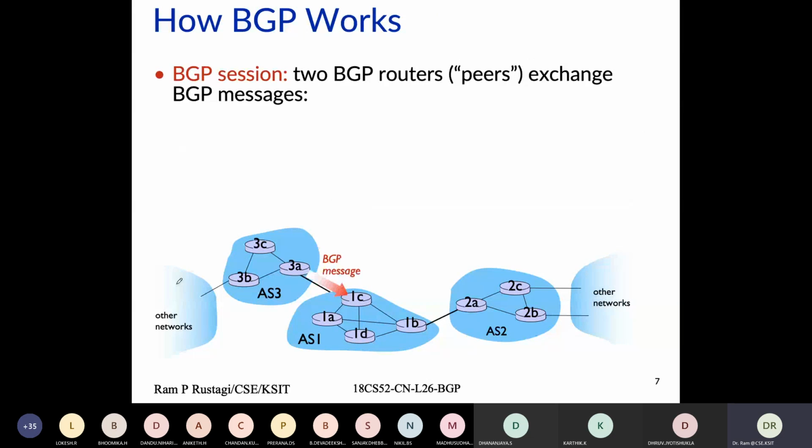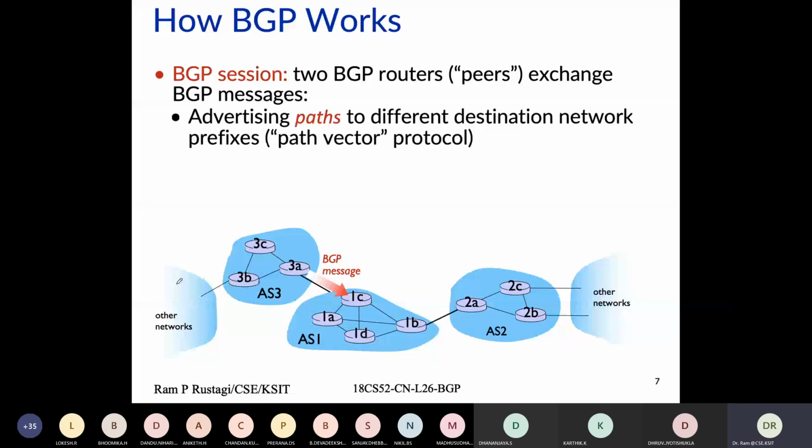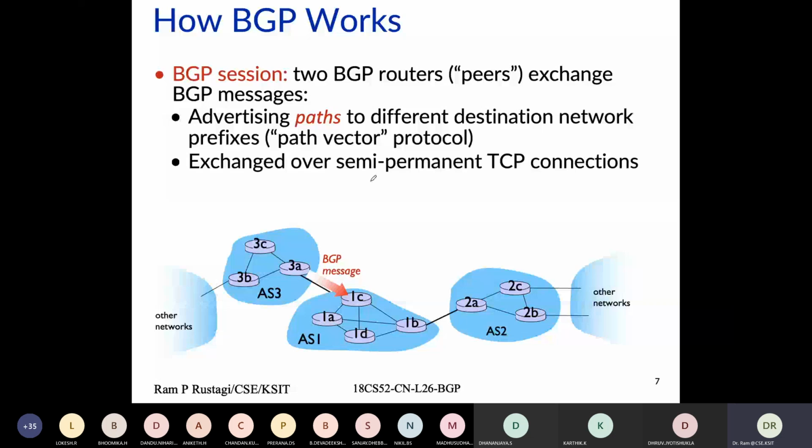So typically BGP messages are of two kinds. They call eBGP and iBGP, which will come in a short while. So BGP basically sends BGP messages over what is called a semi-permanent TCP connection. Semi-permanent TCP connection means that once 3A and 1C establish a TCP connection, it remains forever.